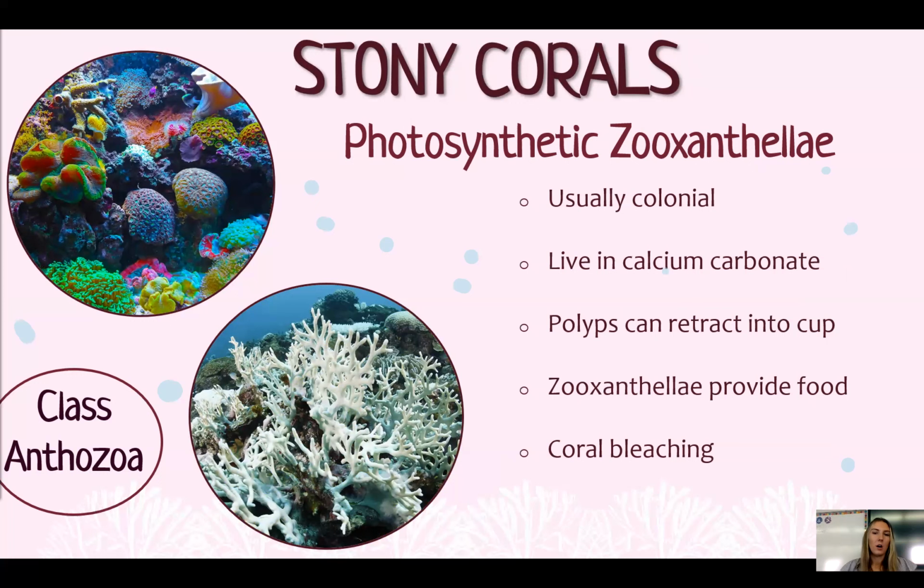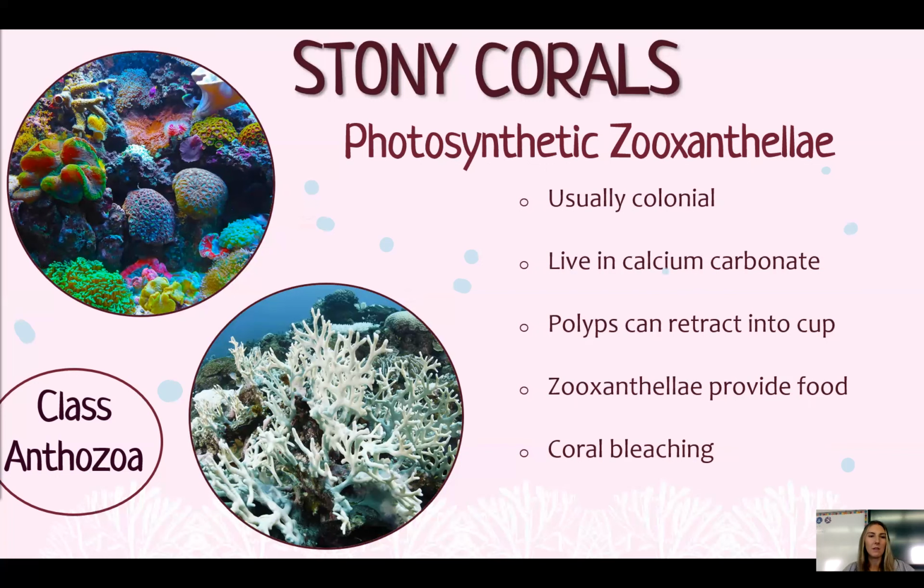One type of anthozoa is our stony corals. Those are the main kinds of coral that are responsible for building coral reefs. Typically, you'll see a lot of coral growing together, and those polyps that make up the coral are able to retract into a calcium carbonate skeleton if they need protection. So you know a coral reef is alive and active if it's like this picture here, nice and full of color.